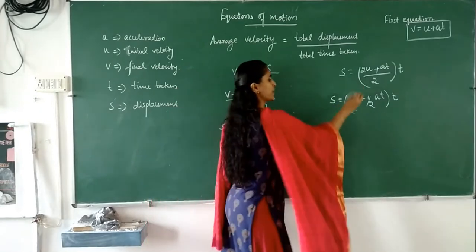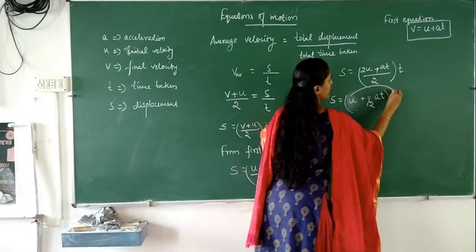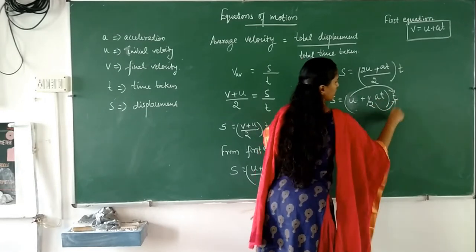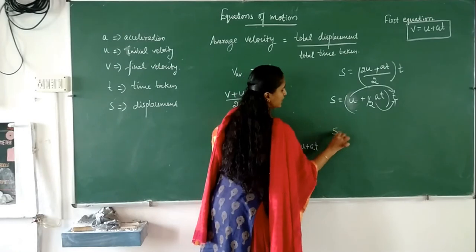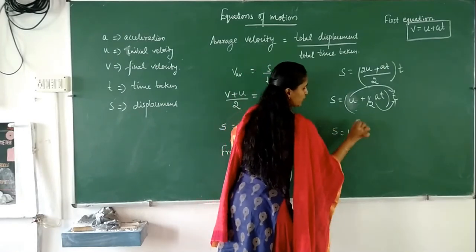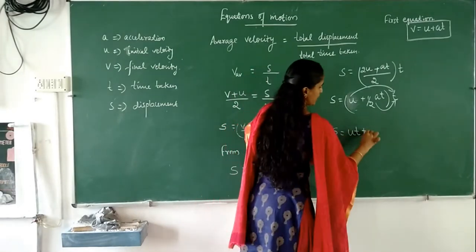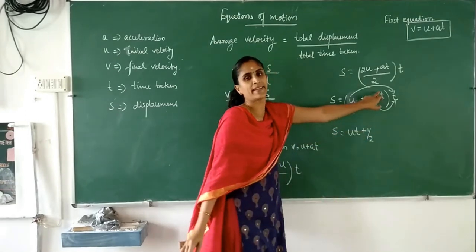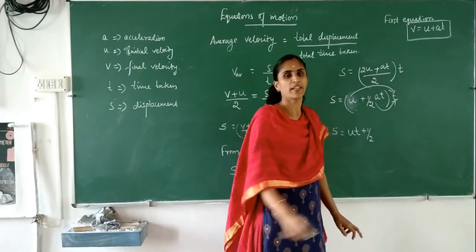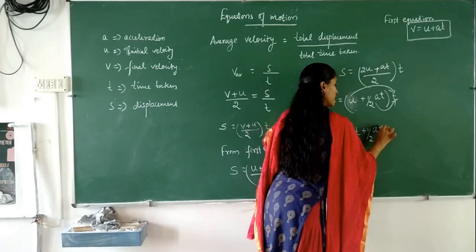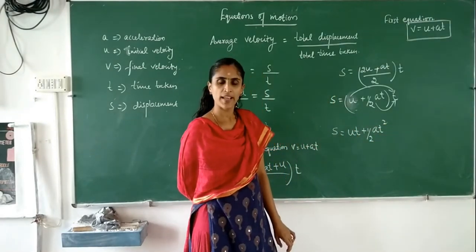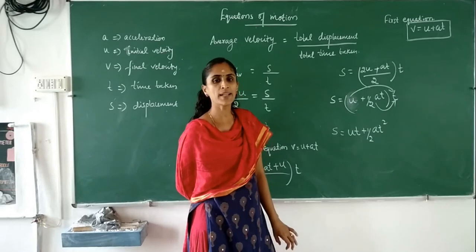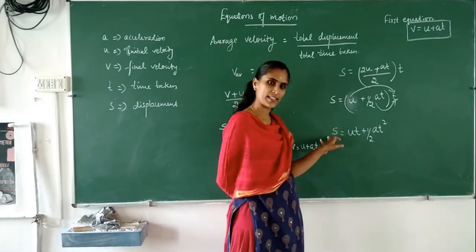Multiplying it out, we get ut plus half at square. So this is the second equation: s equal to ut plus half at square.